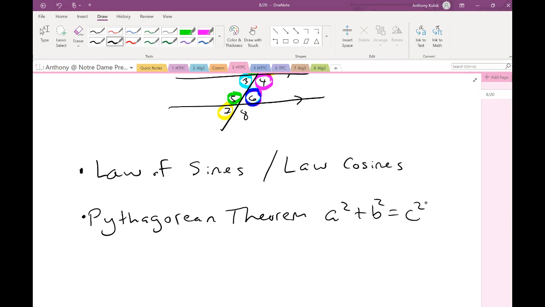What do we need to have for this to work? In a right triangle. Now, what do the A, B, and C represent inside that right triangle? They're sides, and they're not any sides, right? What do they have to be? C has to be the hypotenuse, and A and B could be either leg. It doesn't really matter which one you call A and B, but C must be the hypotenuse.